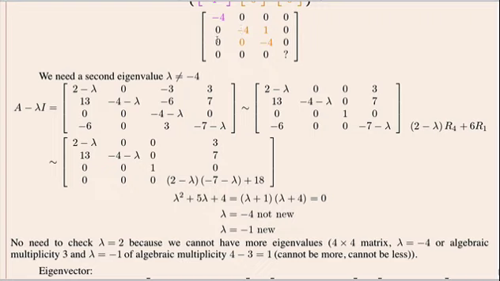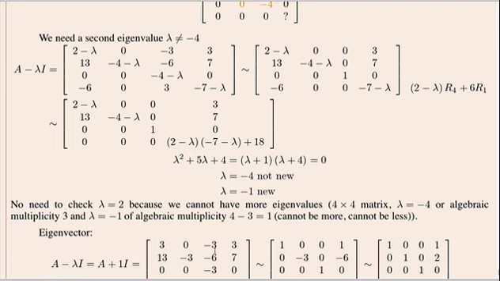So we already have -4 with multiplicity 3, we have -1 with at least multiplicity 1, and we cannot have more multiplicity because we have to have a 4 by 4 matrix. And that also means that we cannot have more eigenvalues.